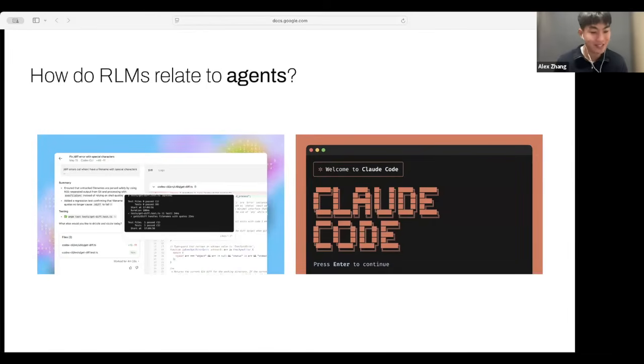I don't really want to say that, because I also think these systems are very special in their own ways, and that is a pro in their favor. These systems do a lot of really cool things that are specific to software engineering. I don't want this to be a Schmidhuber-type thing where I say Codex and Claude Code are just RLMs. I don't think that's true.